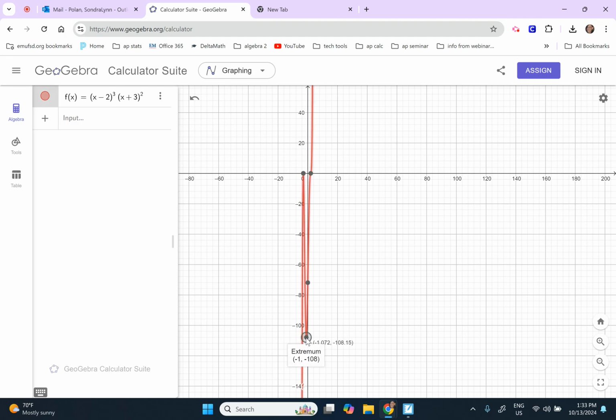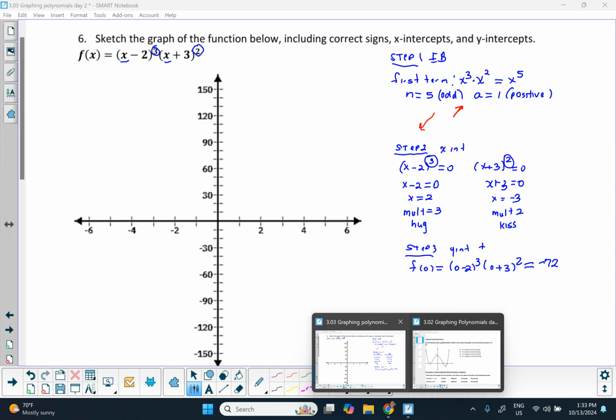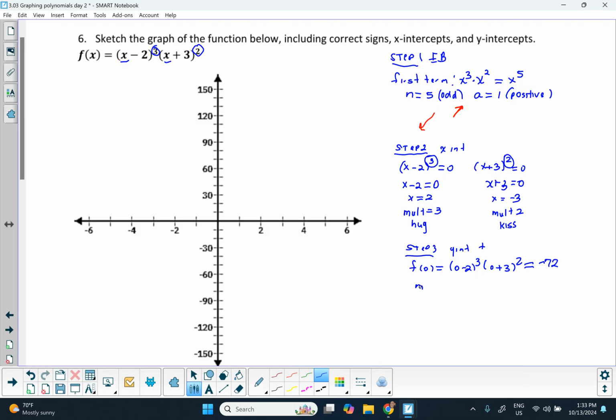So click on it, and we see that the relative minimum point is -1, -108, and that's the only turning point that function has. So the relative minima is -1, -108. And now we're ready to graph that function.